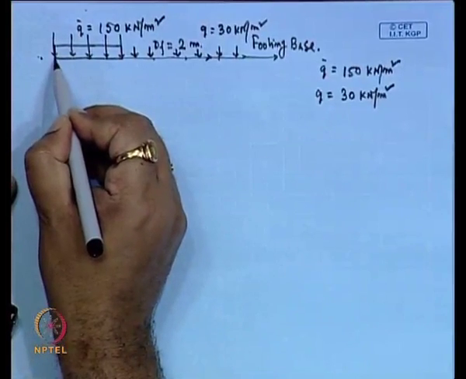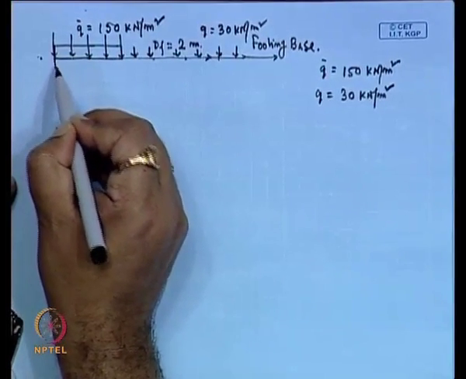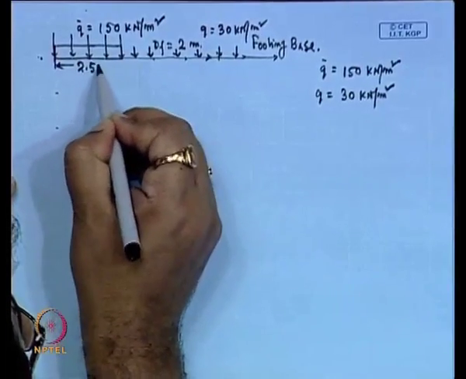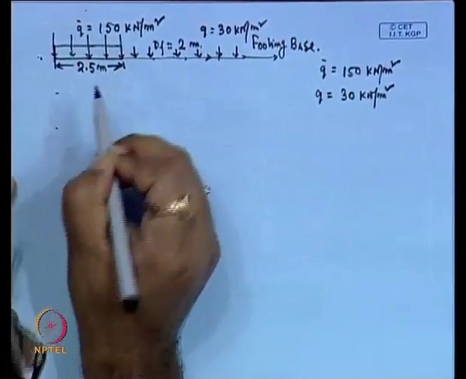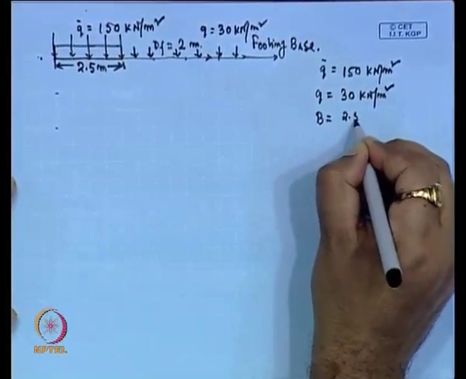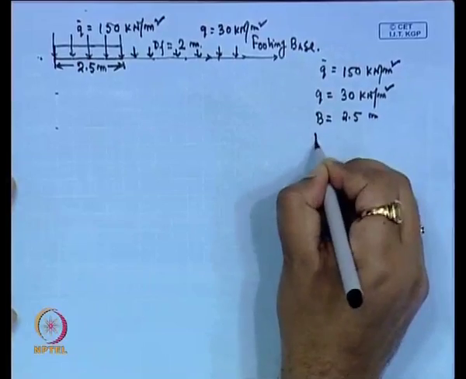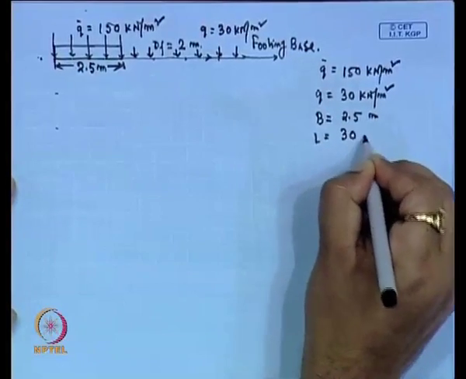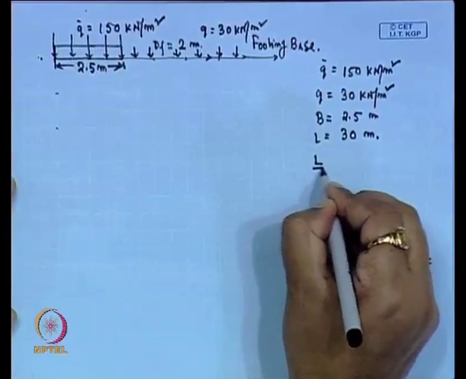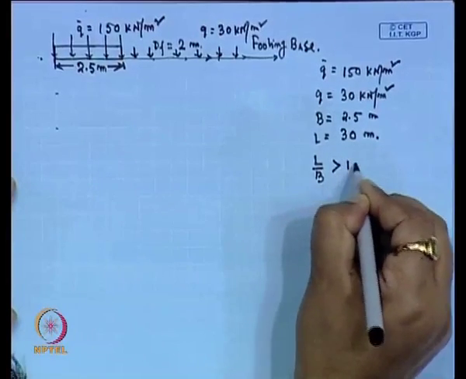So, the footing width is given as 2.5 meter. So, the B of the footing, width of the footing is 2.5 meter, and L of the footing is 30 meter. So, we can say L by B is greater than 10.